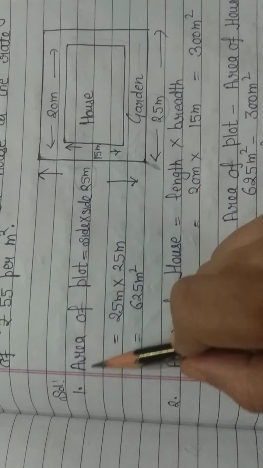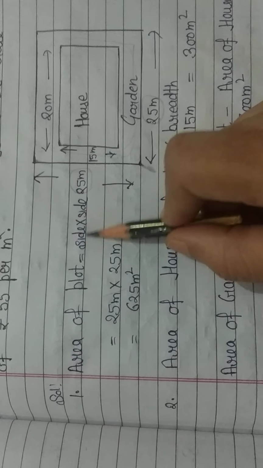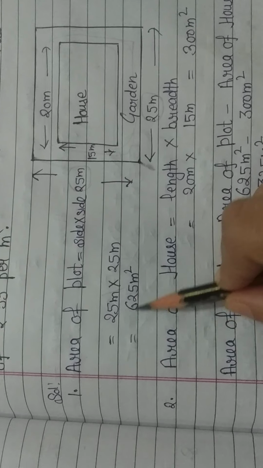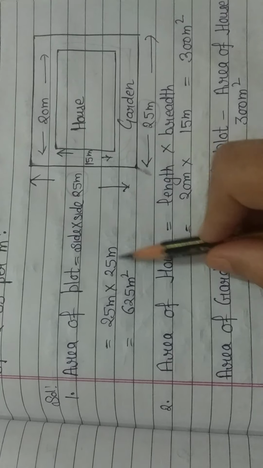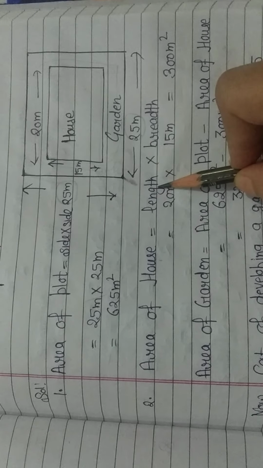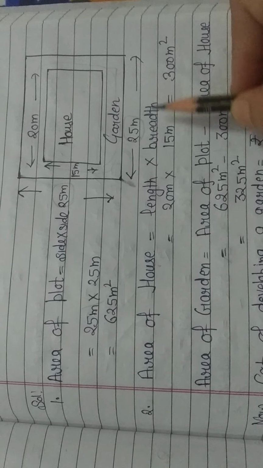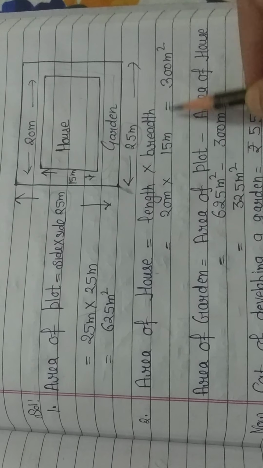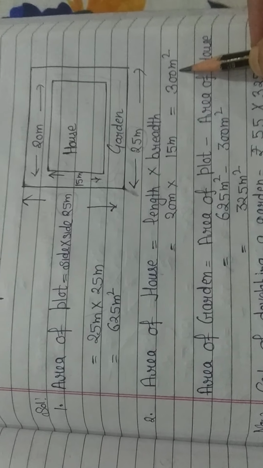So first of all we will find the area of the plot, that is side into side, which is in the shape of a square, so it will be 625 meter square. And secondly we will find the area of the house, that will be L into B. It is in rectangle shape, so 20 meter into 15 meter, that is 300 meter square.